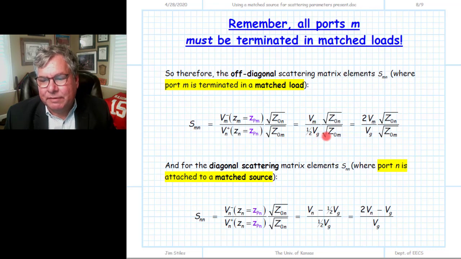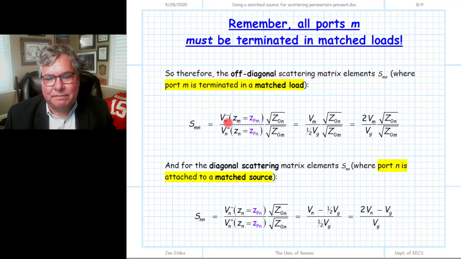And so we find that we can write the scattering parameter for the off-diagonal elements in this form. For S21, we take 2 times the total voltage, the port voltage at port 2, for example, divide by VG, and then multiply by the ratio of the square roots of the characteristic impedances. Now, be careful right here with the ratio of these characteristic impedances.